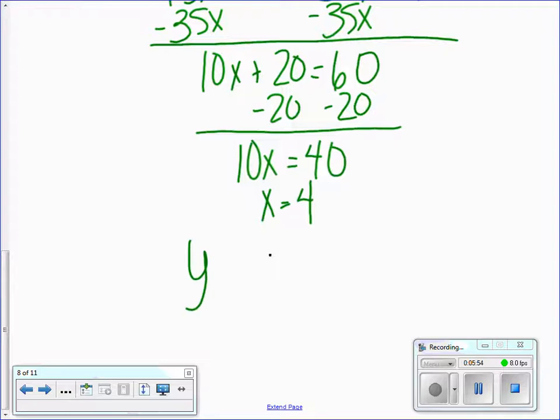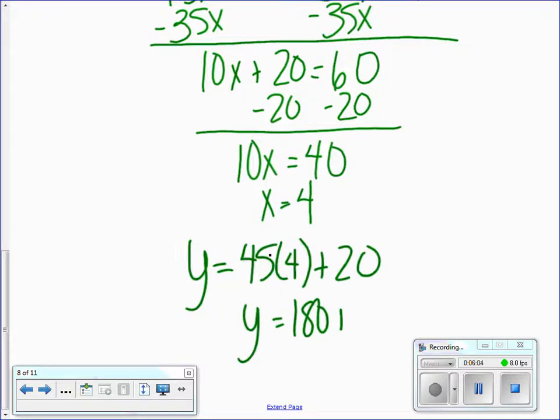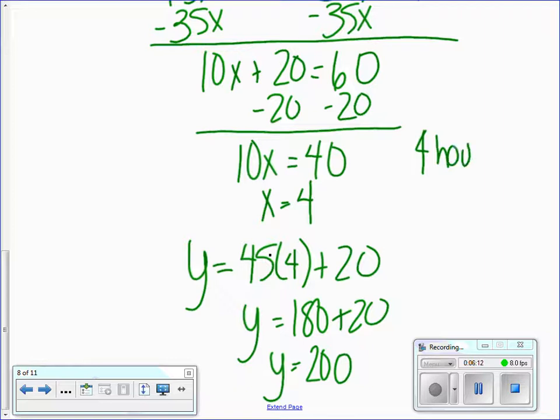I'll use this one. y equals 45 times 4 plus 20, so y equals 180 plus 20. So y equals 200. They're the same at 4 hours and $200.